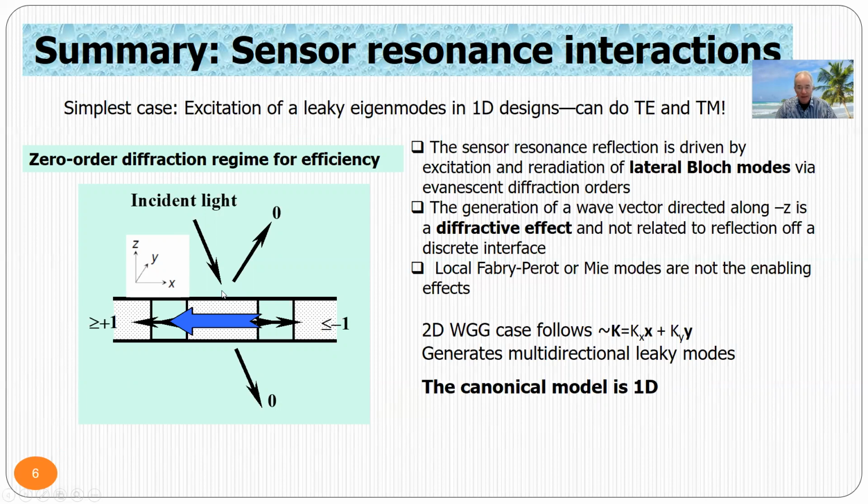So that gives polarization diversity basically for free. So in summary, the sensor resonance reflection is driven by excitation and re-radiation of these lateral Bloch modes, driven by these evanescent diffraction orders. So basically the reflectance is a diffractive effect and not related to any discrete interfaces here. So the local Fabry-Perot or Mie modes are not the enabling effects.